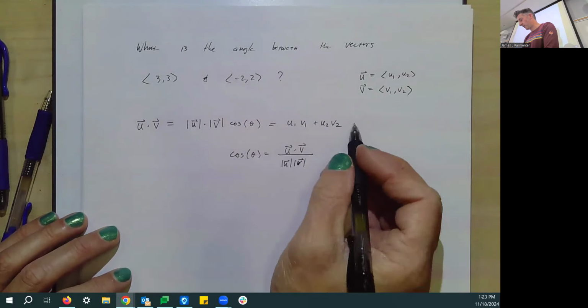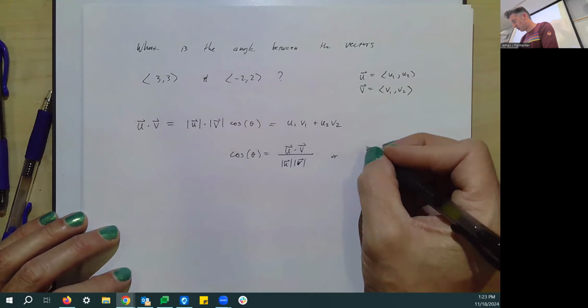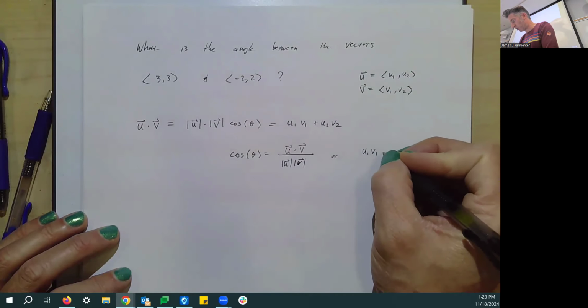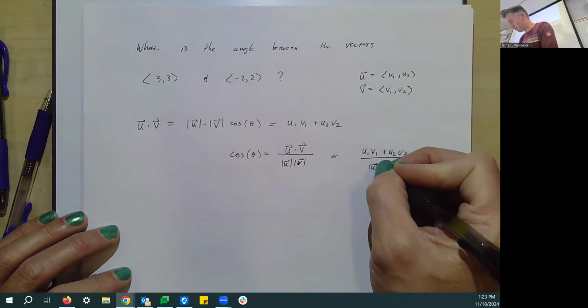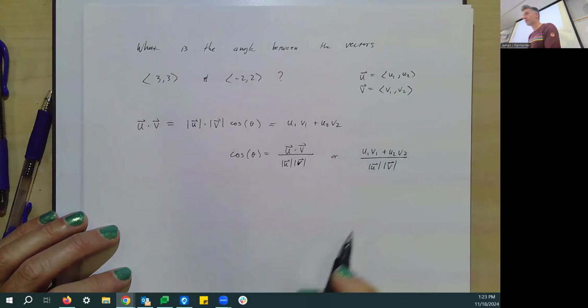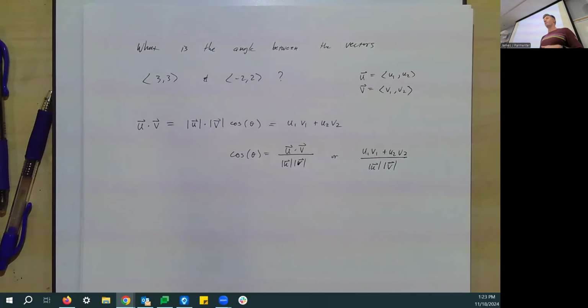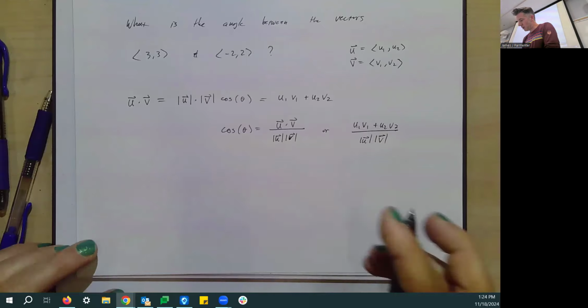I don't prefer to write it out this other way, but you could also think of it as the way we calculate the dot product, u1 v1 plus u2 v2, over the magnitude of u times the magnitude of v. So this is an occasion, that's why we would want both definitions, so that we can do something like find the angle between two vectors.